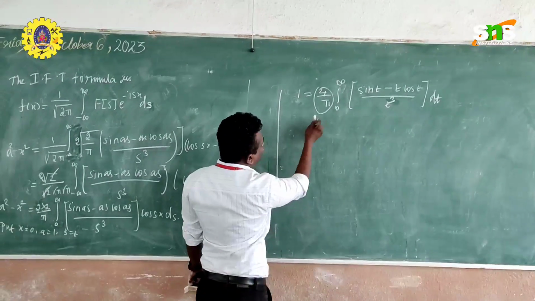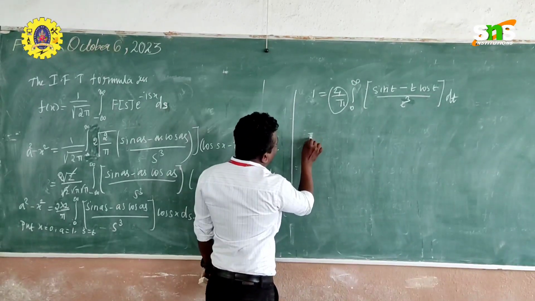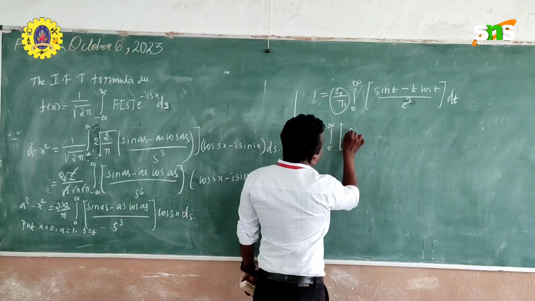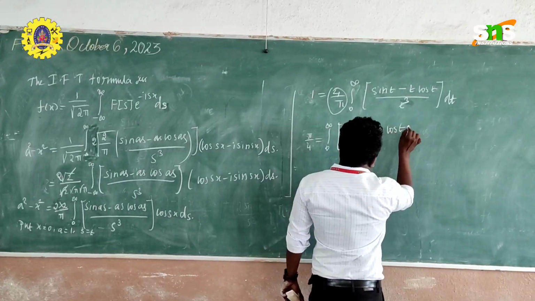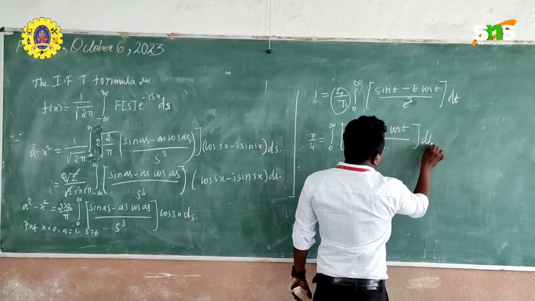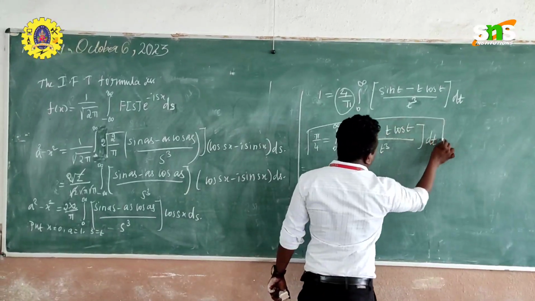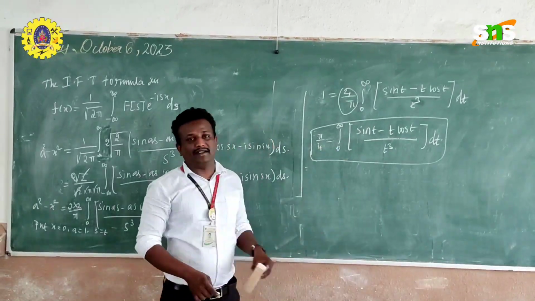After you transfer 4 by pi to this side, this is pi by 4 equal to integral from 0 to infinity of (sin t minus t cos t) divided by t cube into dt. So this is our next result that we have to prove, that we have proven here.